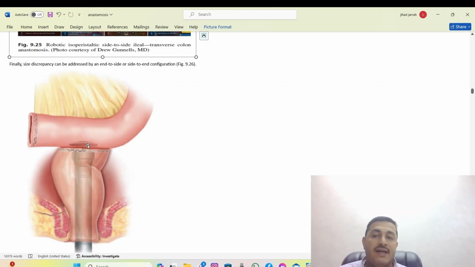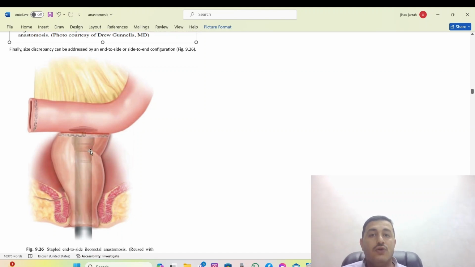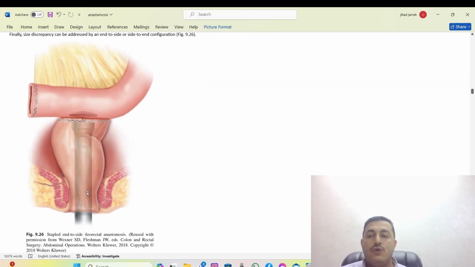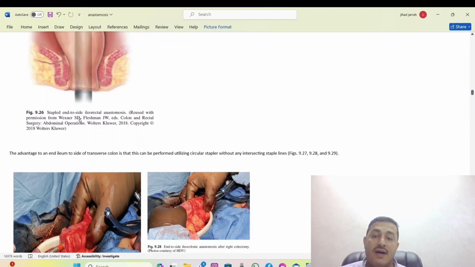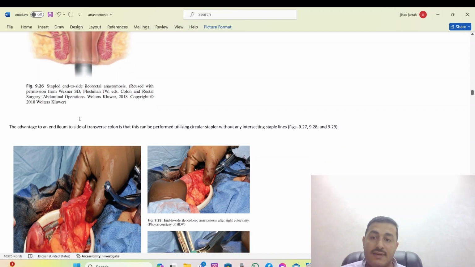And we create an enterotomy to the side of the proximal limb, so we do not fear discrepancy. So this is another way to deal with it. It's a stapled end to side anastomosis, another way to deal with size discrepancy.